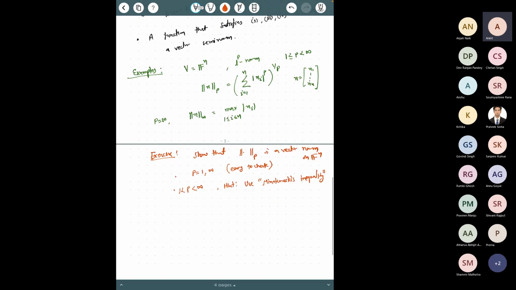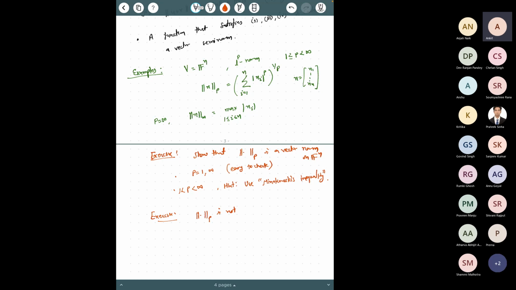Anyway, therefore you can say that on F^n, this function defines a vector norm for all p greater than or equal to 1 and less than or equal to infinity. But how about when p is strictly less than 1? This also you can verify. Again, leave this as an exercise, that you can verify that this is not a norm.